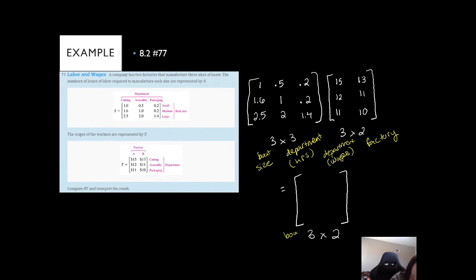This is going to be boat size, and this is going to be for each factory, and then inside is going to be the total amount spent on wages.